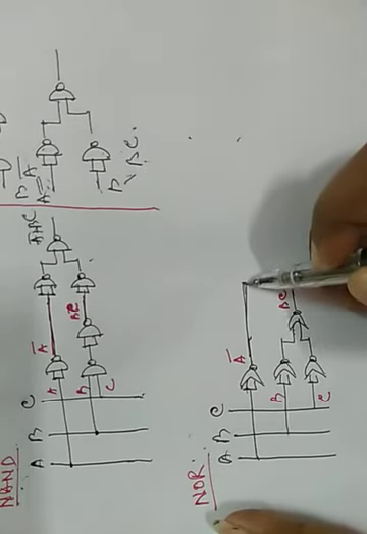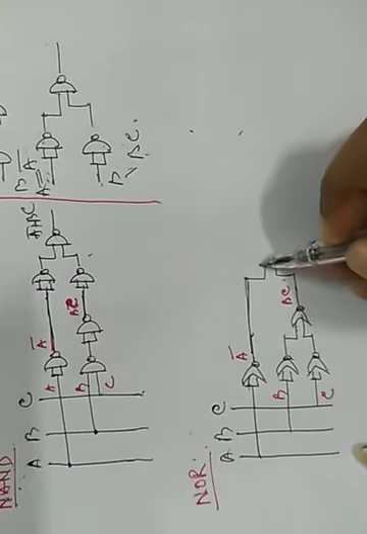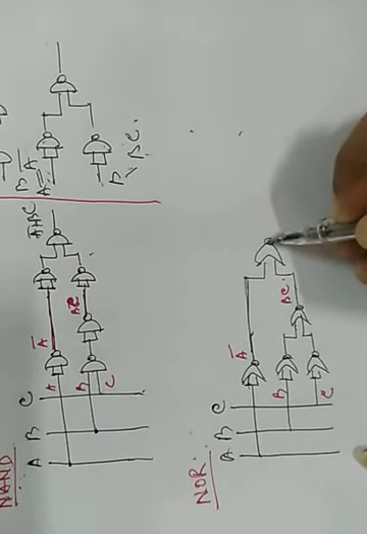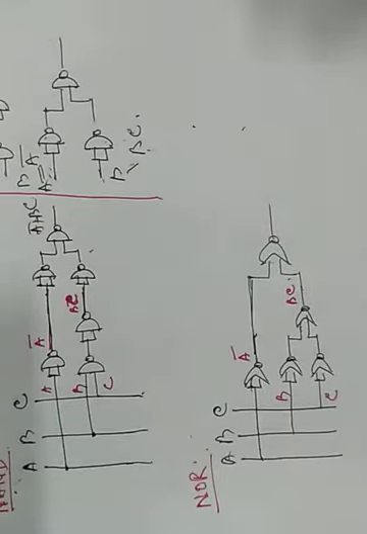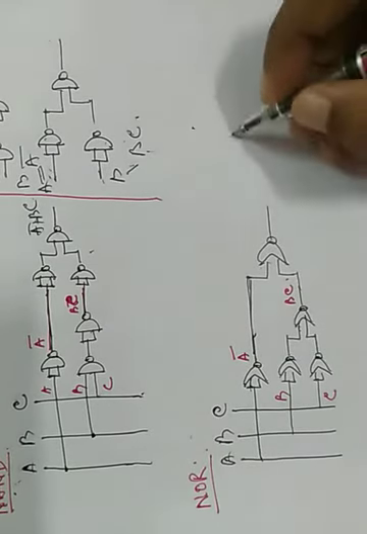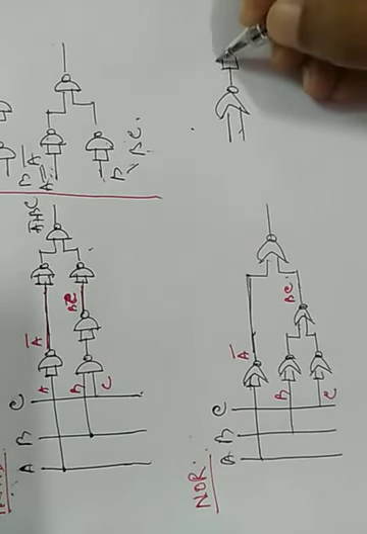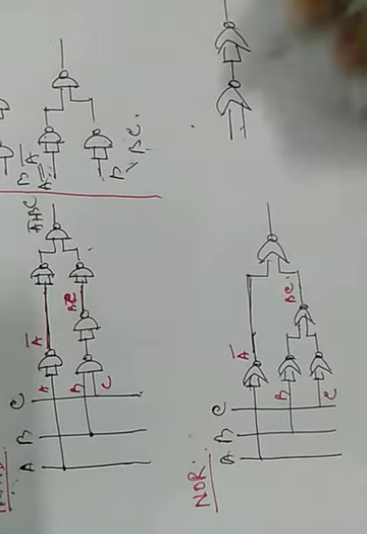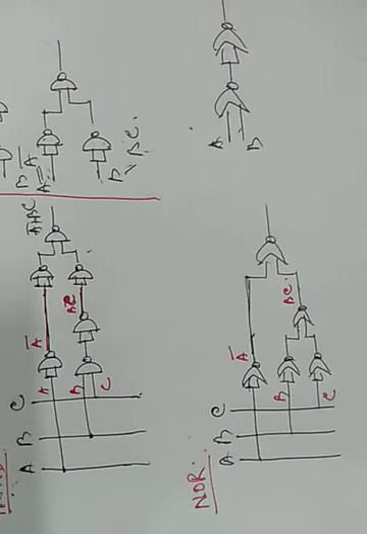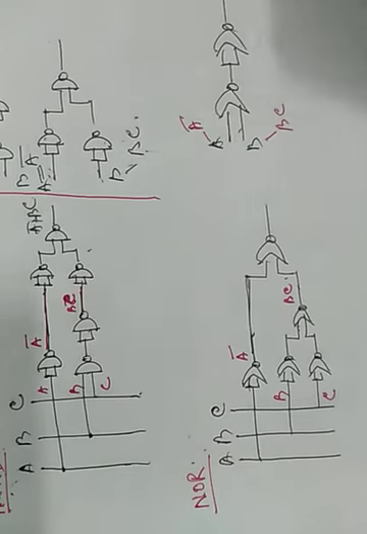Now this OR gate is replaced by 2 NOR gates, and the inputs are placed like this way. So the NOR gates must be placed like this. Here A is A bar and B is BC.